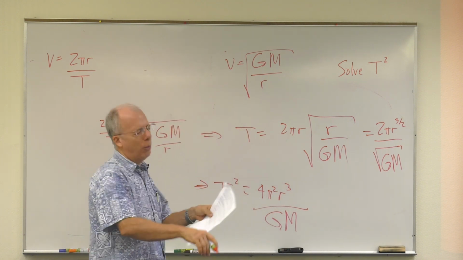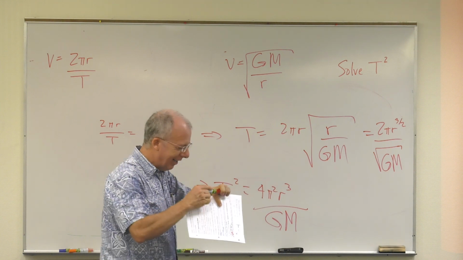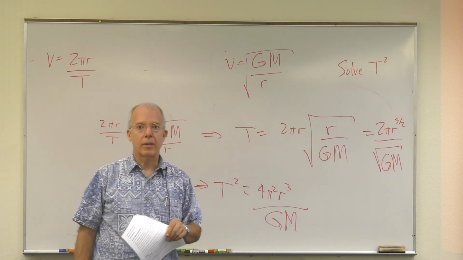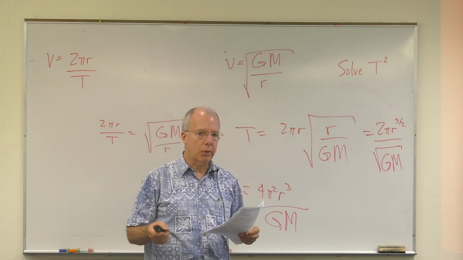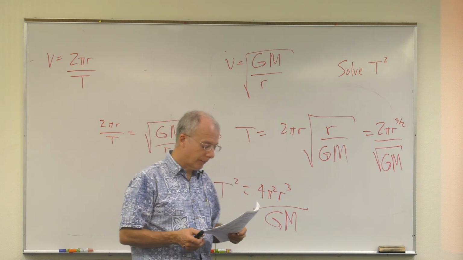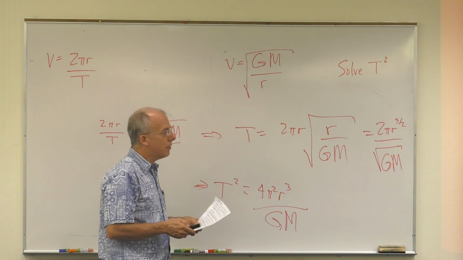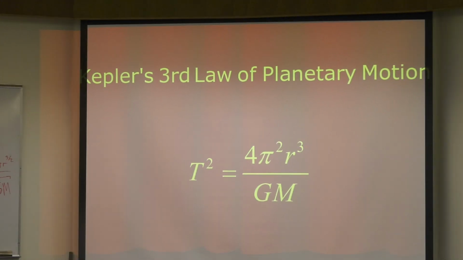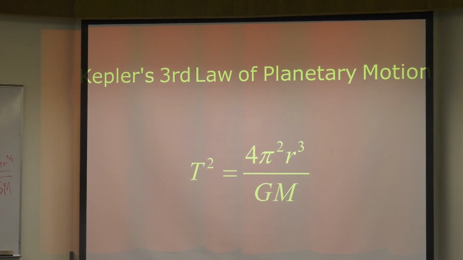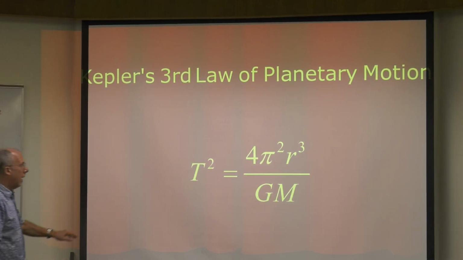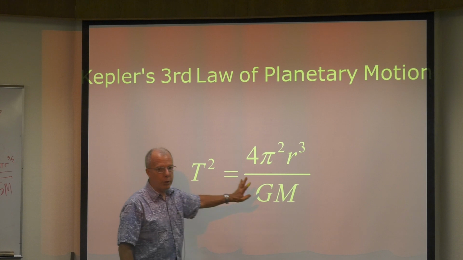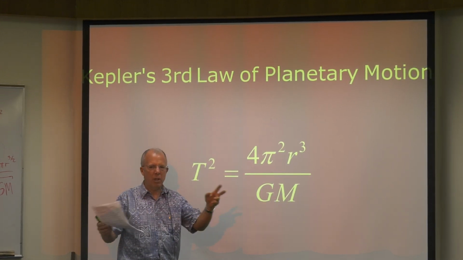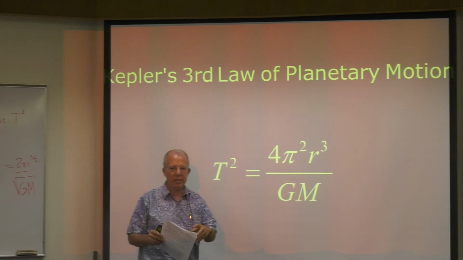Now, you're saying, whoopee, what do I care? Well, if you ever take an astronomy class, you'll learn about Kepler's 3 laws of motion. And this is Kepler's 3rd law of motion. So we just figured out Kepler's 3rd law of motion. Now the neat thing about this, Kepler did this before Newton. So Kepler didn't have Newton's laws of motion. He just had a lot of data.